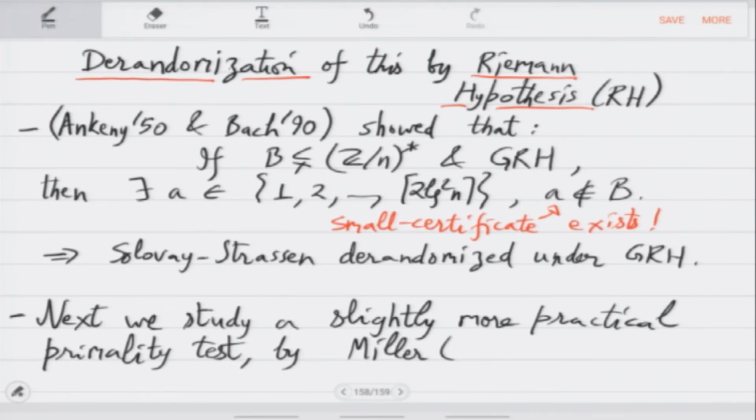Miller was the first one to propose it in 75, and Rabin made it probabilistic and practical a few years later. Okay, this is the most popular primality test.